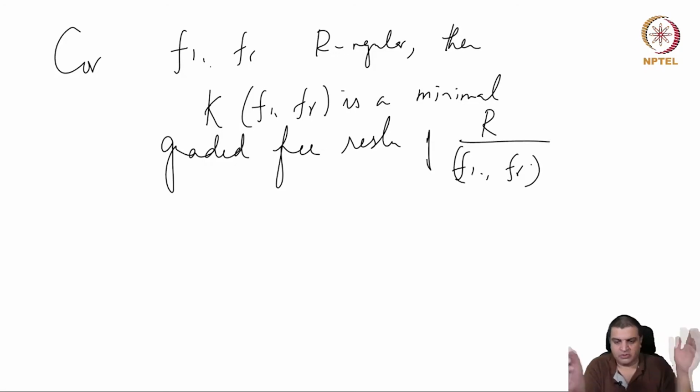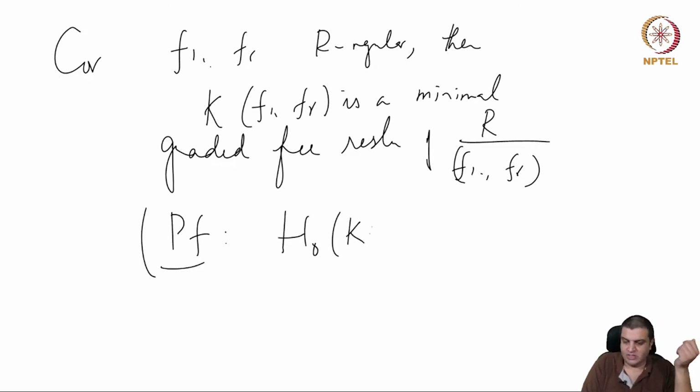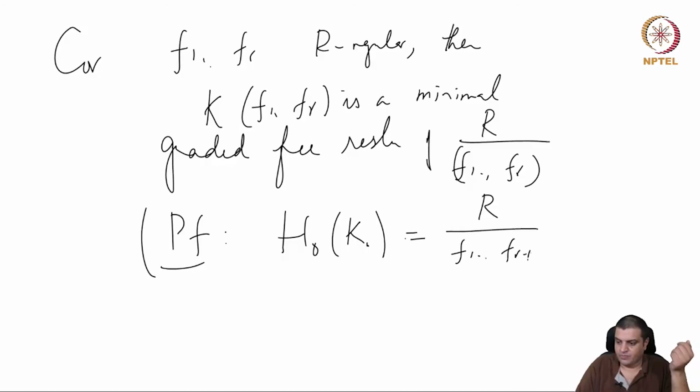So this is because with this hypothesis the other things vanish and the only thing that we need to observe, which we have already done once, is H0 of the Koszul complex is this thing. Okay, so we have a complex of free modules, graded, degree preserving, all that is satisfied. The homologies in position 1 and to the left are all 0. At the 0th position, this is the homology. Okay, so it is a resolution.